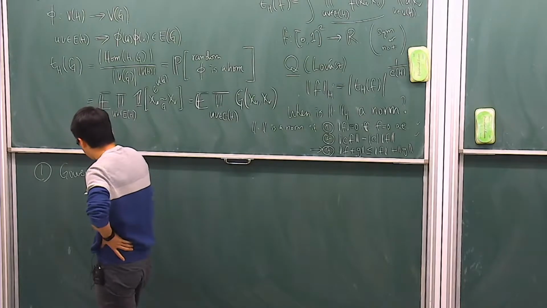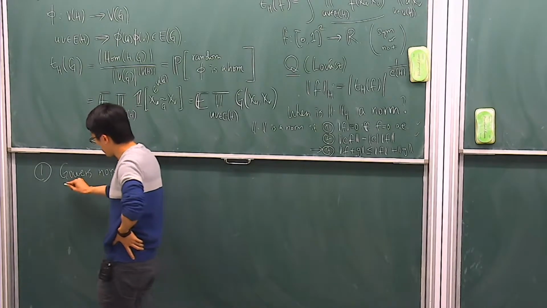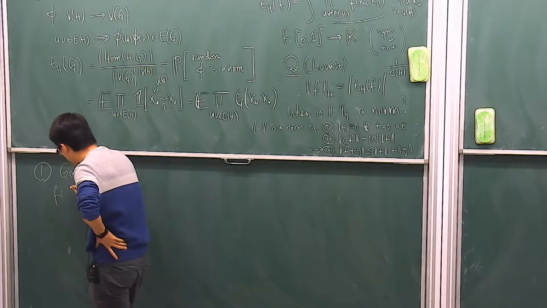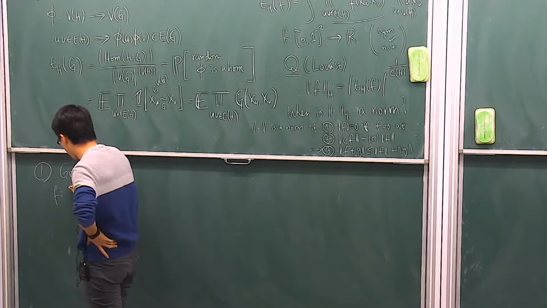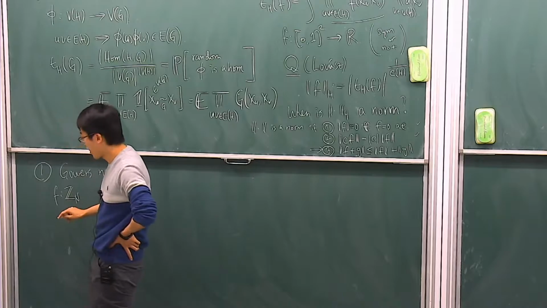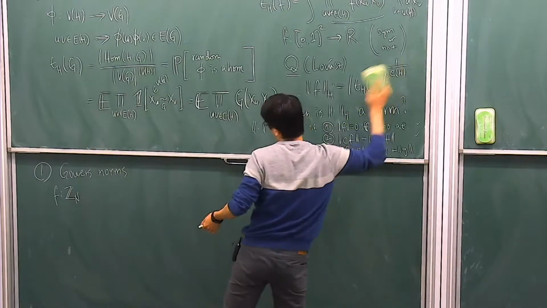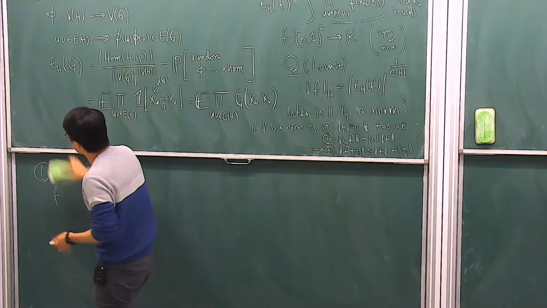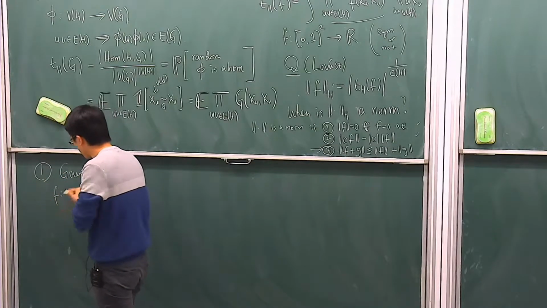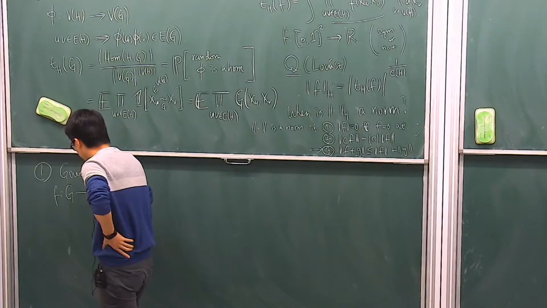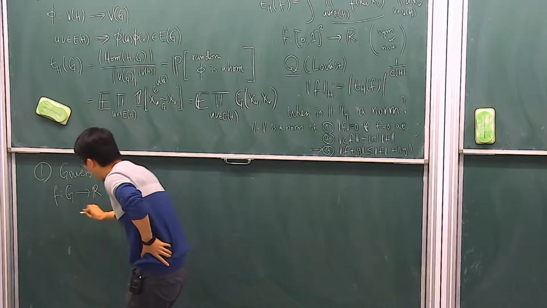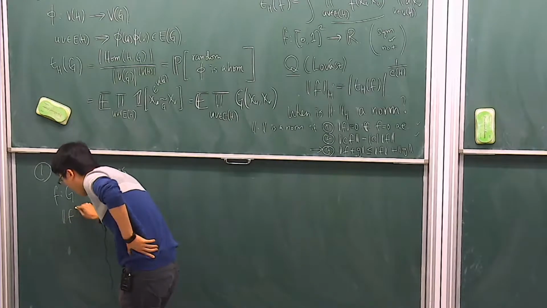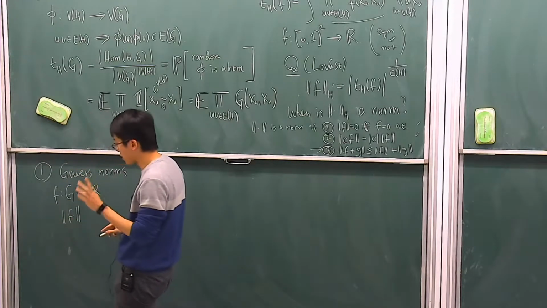Gowers norms were originally defined for functions f from some group, say Z_n or F_p^n, so an additive or abelian group. There are higher Gowers norms, but let me give you one example.